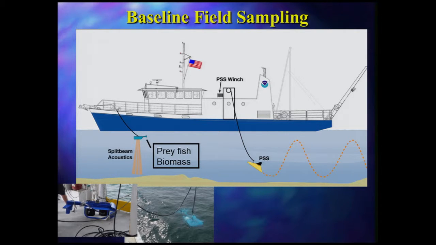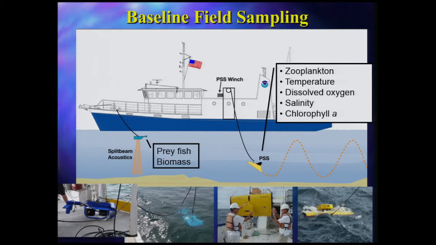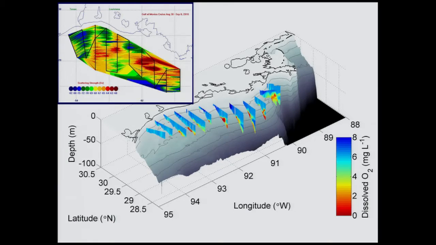We're using underwater acoustic techniques and some other techniques to give us continuous maps of what's beneath the boat, and what it looks like is a figure something like this, where we can get curtains, in this case of dissolved oxygen level, across the shelf. And this shows just the overall number of fish, prey species per square meter surface area.